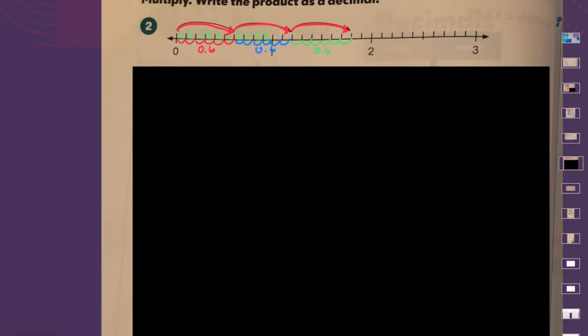Well, it might have been a little hard for you to count, sitting so far away, but if you can see, there are 3 groups of 6/10. Here's one group of 6/10, two groups of 6/10, three groups of 6/10. So 3 groups of 6/10 would be written in a number sentence as 3 times 6/10.